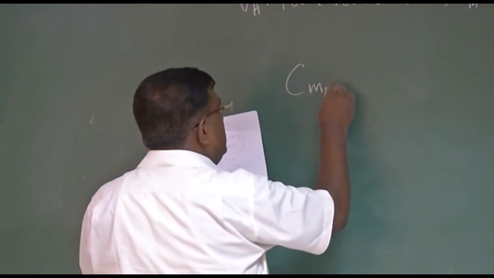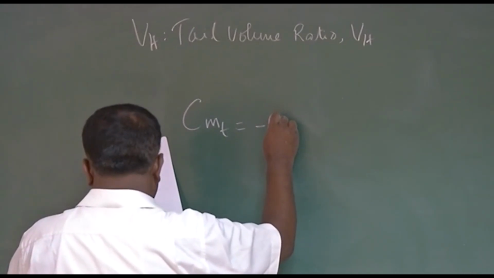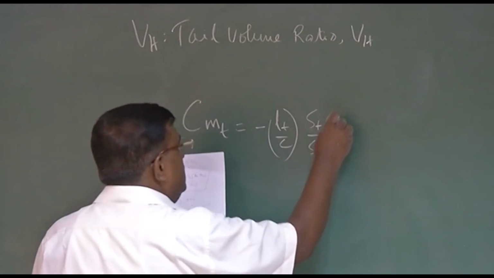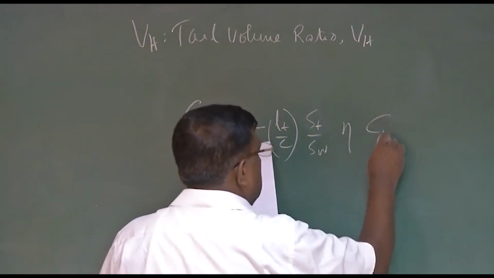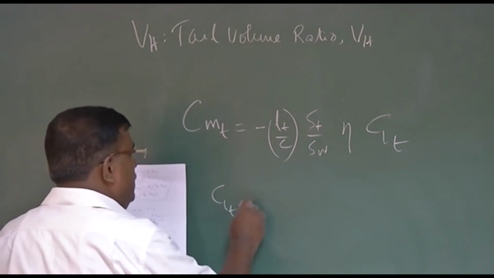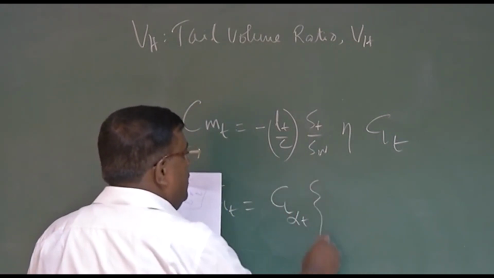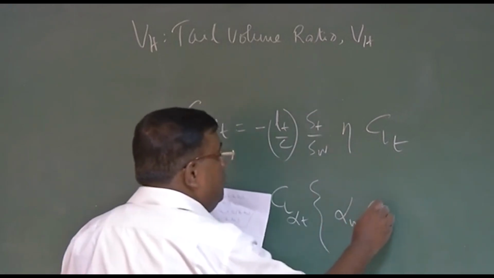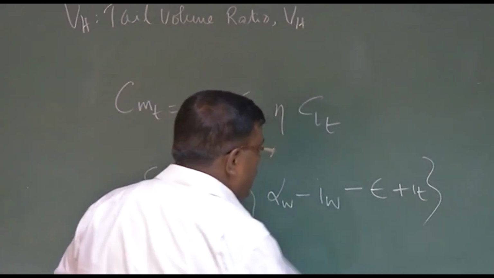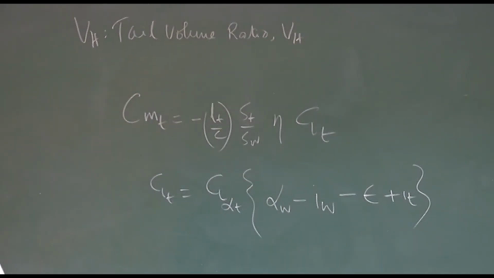Let me write this step: CM tail equal to minus LT by C bar, ST by SW, eta into CL tail, and CL tail is equal to CL alpha tail into alpha tail, where alpha tail is alpha W minus IW minus epsilon plus IT. I'll be going quickly with this derivation because this is not the main part of this course. I will only touch upon a few things so that I extract the maximum in terms of design aspects.